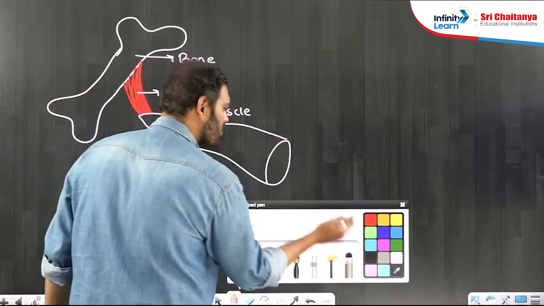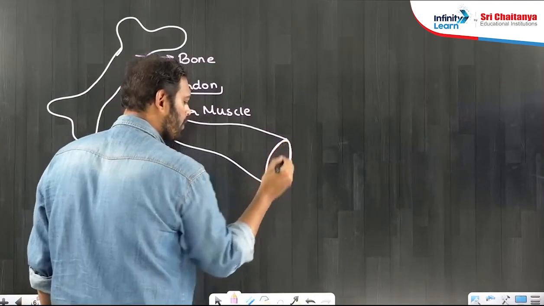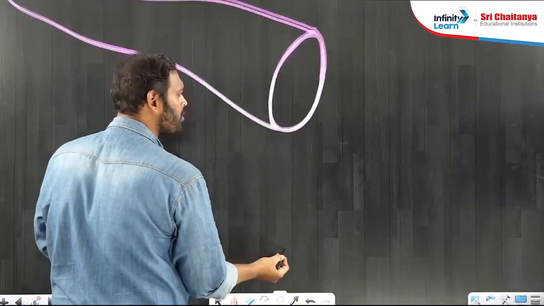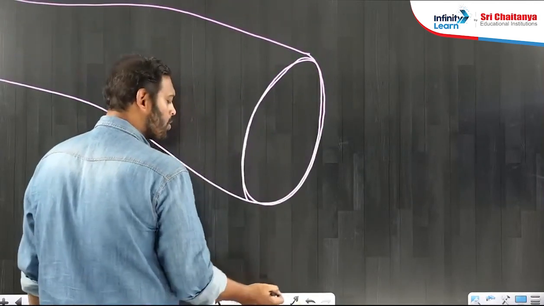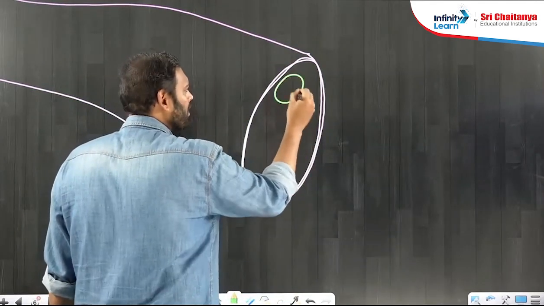Guys, the entire thing I'm showing you in this simple picture is muscle tissue. If you zoom inside muscle tissue, it consists of many muscular bundles like this.